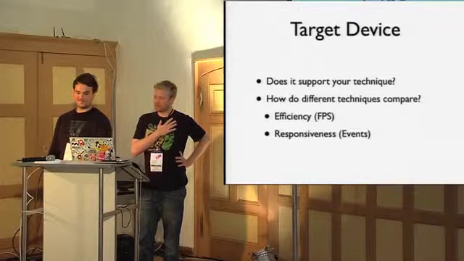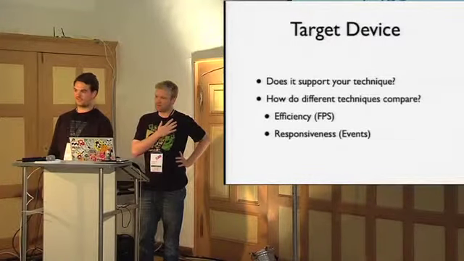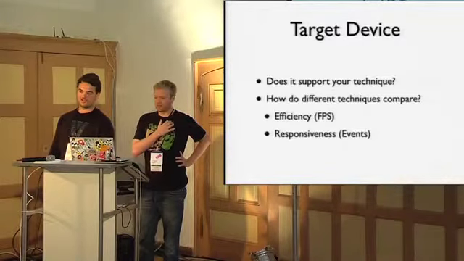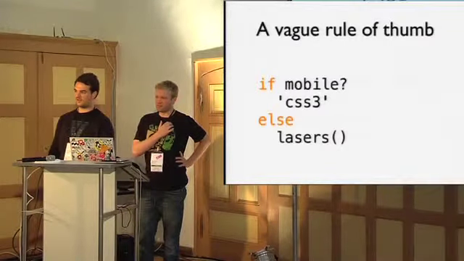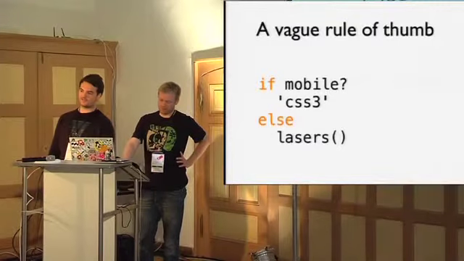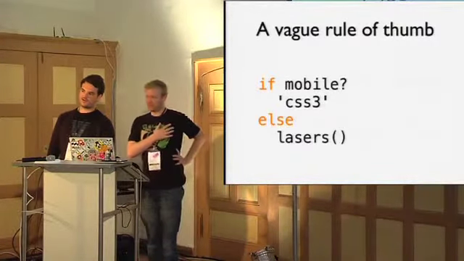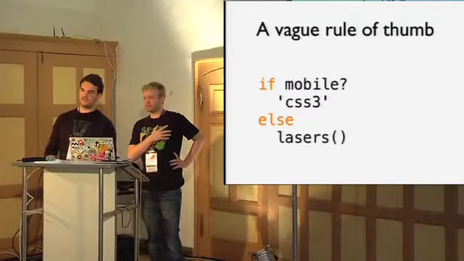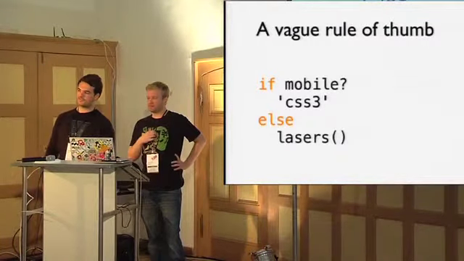That's a vague rule of thumb. If you go mobile, you should go for CSS3 transitions, because that works really, really well. When an animation or a transition is finished, you get WebKit DOM events fired, so you can chain together animations. It's a bit limited at the moment, but it's working quite all right.